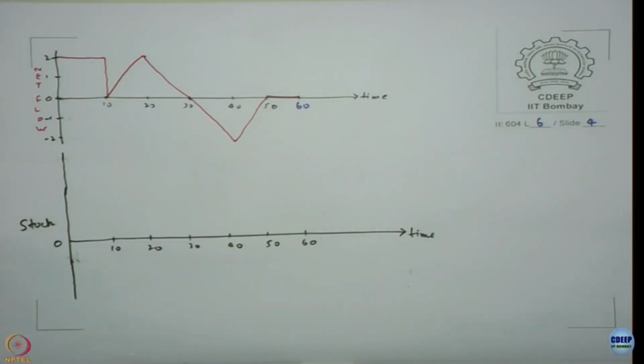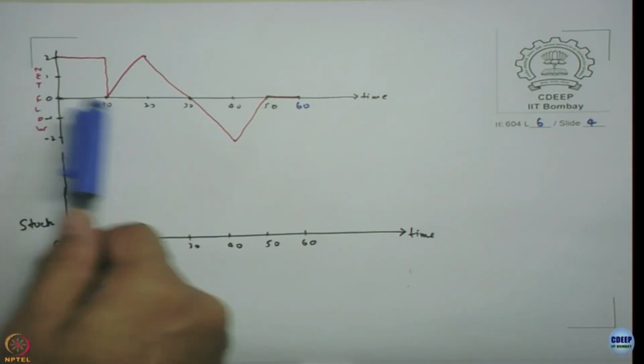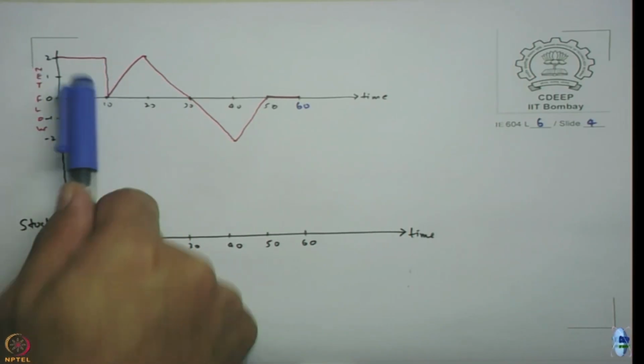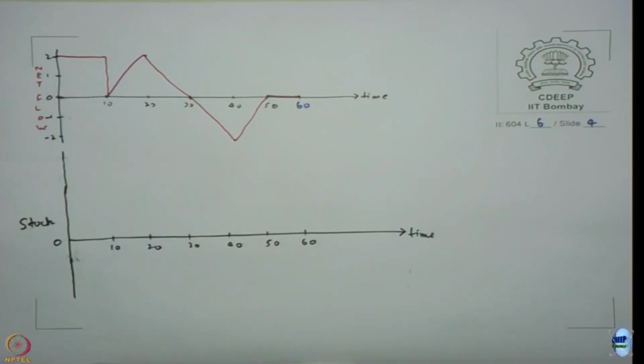Assume the initial value of stock is 0. If it is not specified, assume it is 0. Then what will you have? What will happen to the stock from time 0 to 10? The area under this is 20. So it has to go to 20.